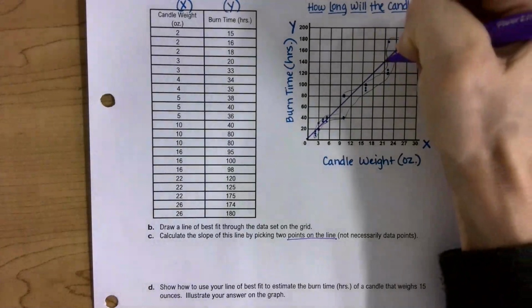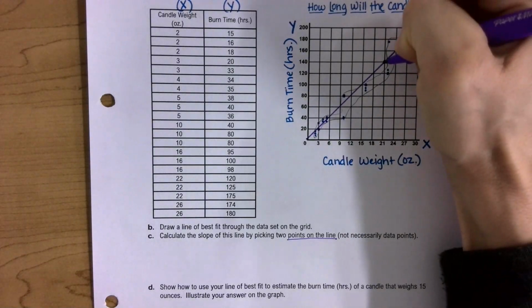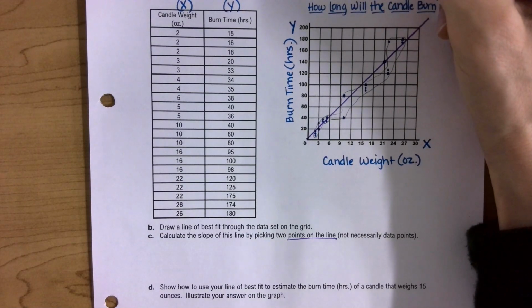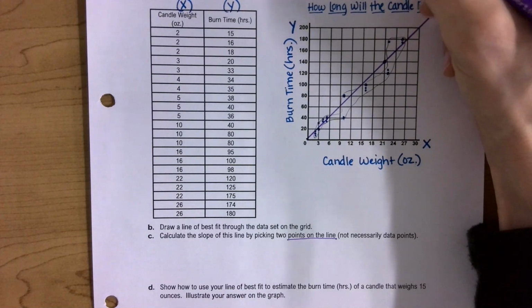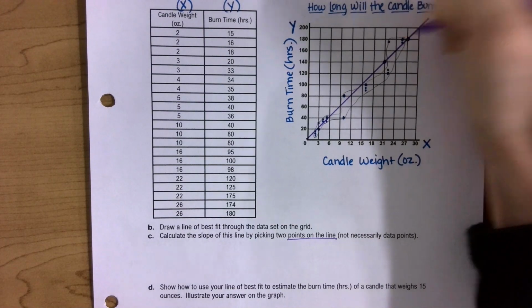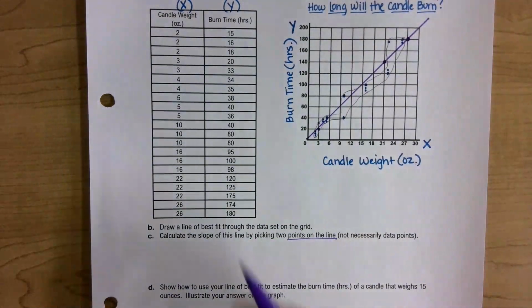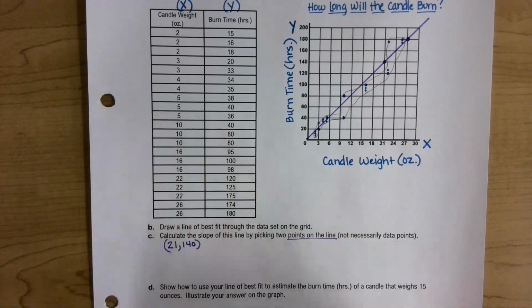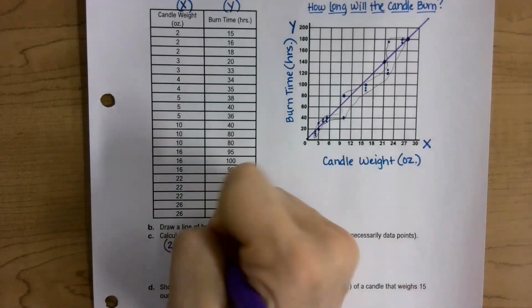Like this one looks like it's on the corner. So that's at 21,140. And then this one up here does look on the line too. So I have 21,140, and then I have 27,180.